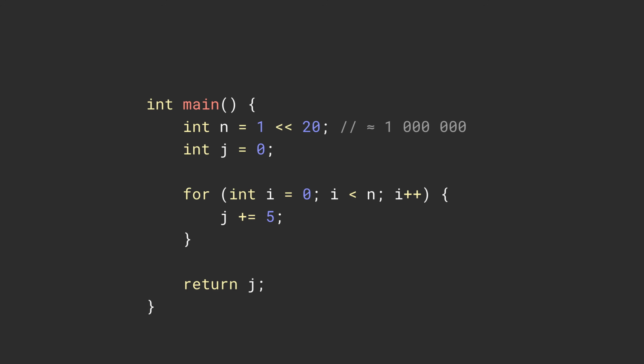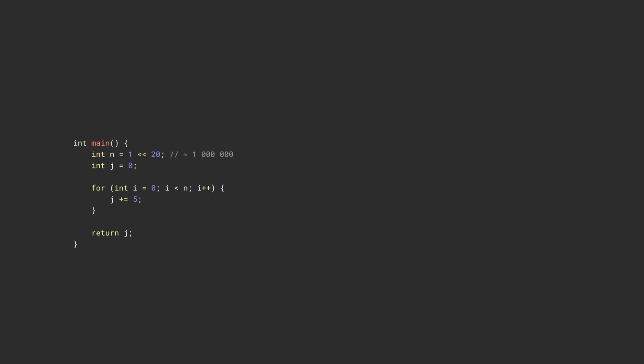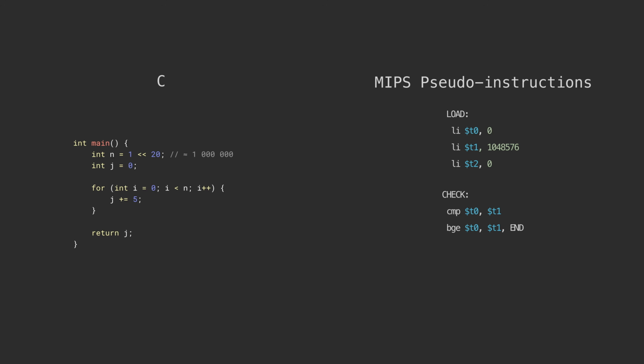Looking at the code in C, we can sort of figure out what we think the assembly instructions will look like. I imagine it will load the constants into the registers 0, 1, 2, 3. Then it will do some sort of comparison to check if we have reached the end of the loop, and then the actual workhorse of the loop, which just increments the variable.